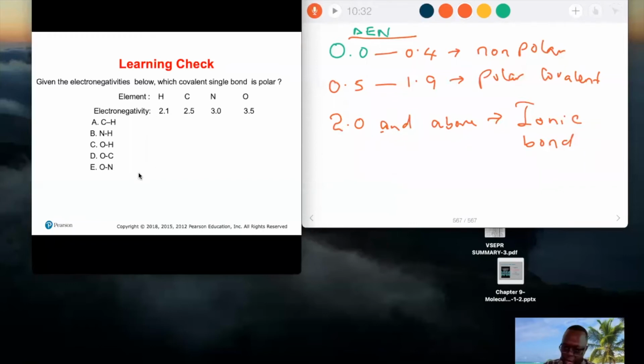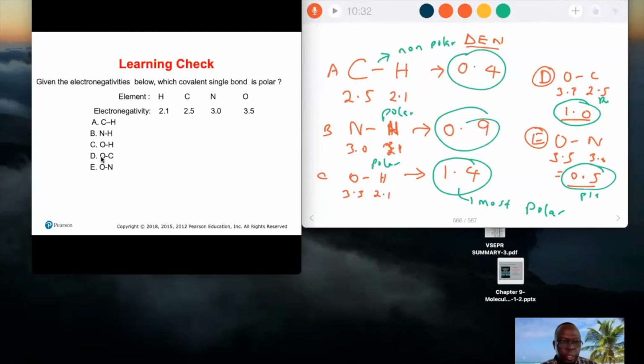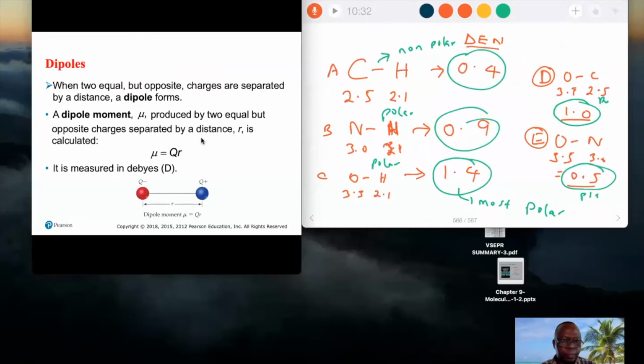And of course, you can use the metal and a non-metal. Of course, that is also ionic, but given the values, I will just do the difference and see if the bond is polar. So for this, oxygen-hydrogen is the most polar single covalent bond.